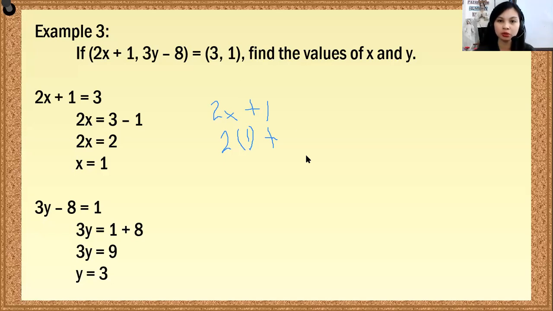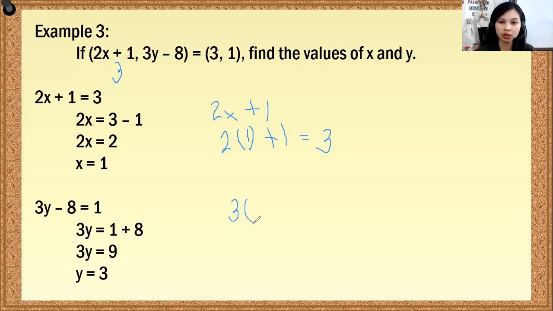So, sa-substitute nyo muna yung value ng x para makuha nyo yung x-intercept natin. So, it will give us 2 times 1 is 2 plus 1 is 3 po. Okay? Ayan po. And then this one naman po, ibig sabihin ng x natin dito is 3. Okay? Oh, for this one naman, we have 3.